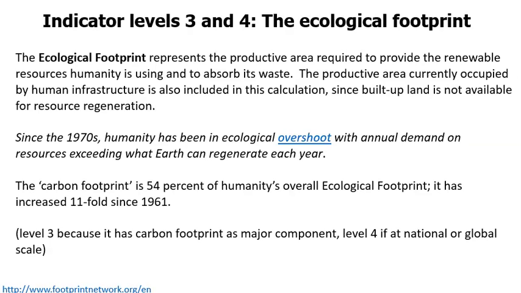Another prominent systems level indicator is the ecological footprint. This indicator is very prominent and it has been around for around 30 years. It's a measure of how much land, productive land, is needed to provide the services to us, the ecosystem services that we need as a society to have the lifestyle that we live currently.